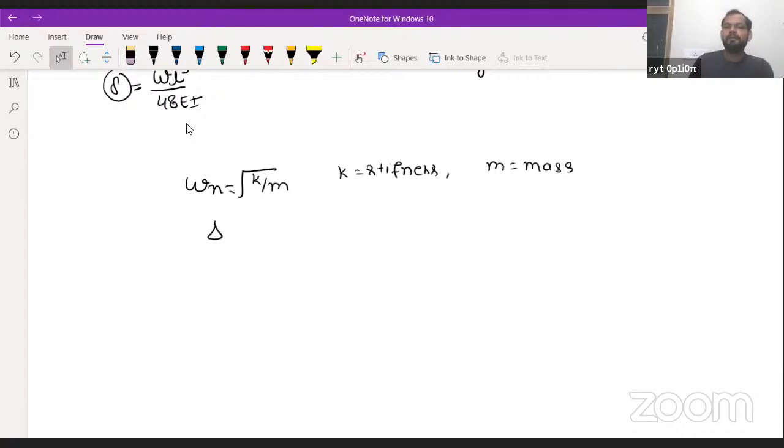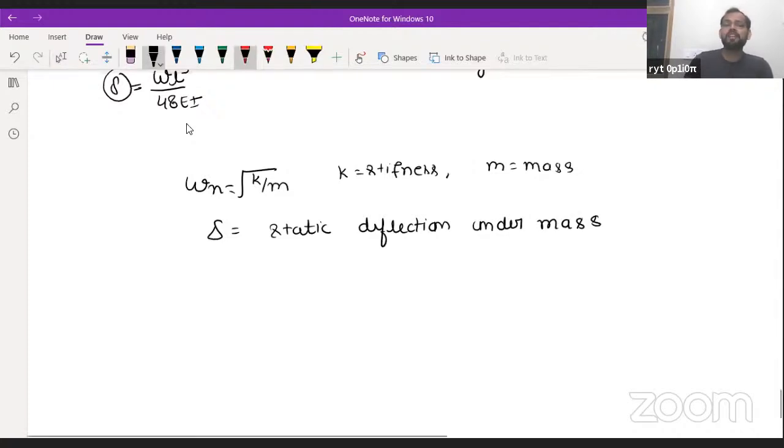And delta is nothing but the static deflection under the mass. We have to always consider the static deflection under the mass, not the maximum. Fine.